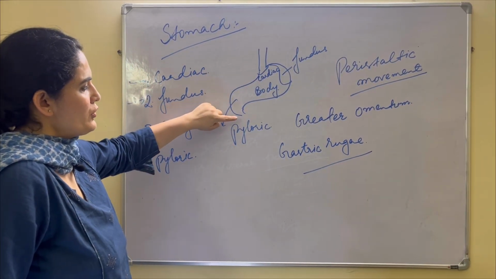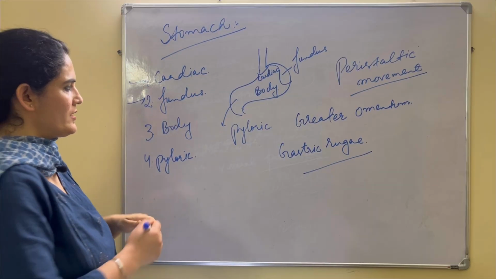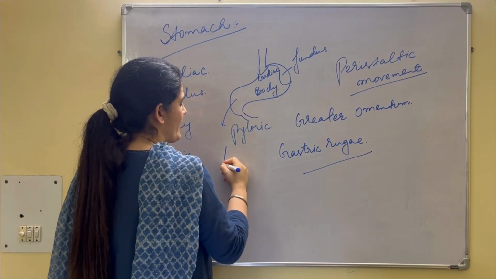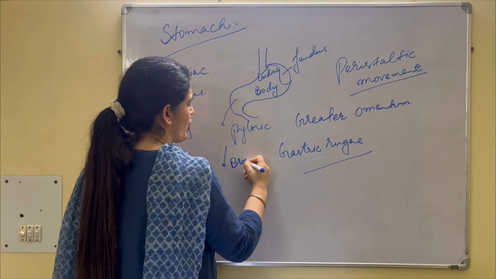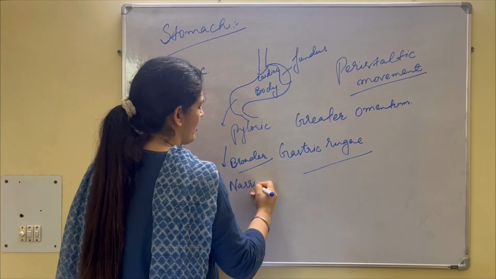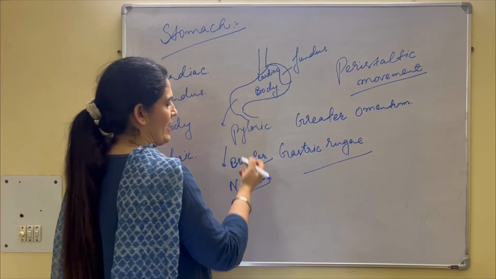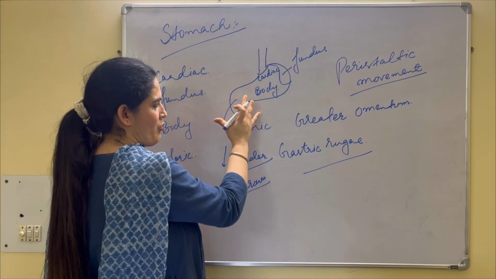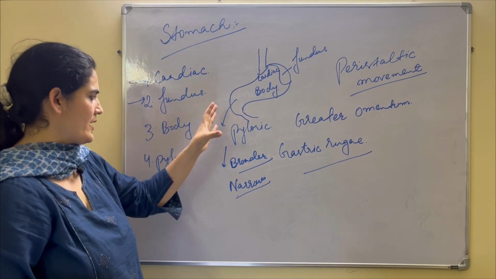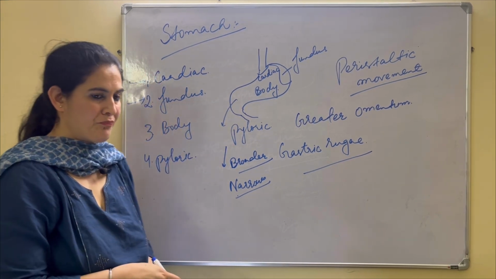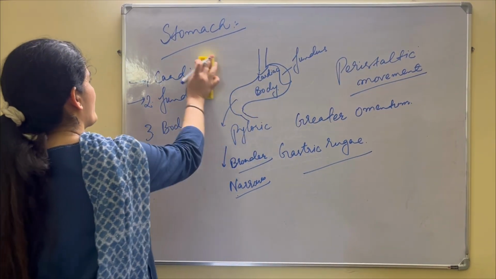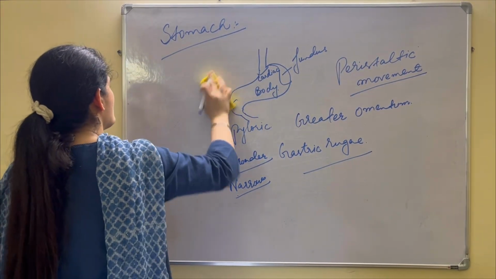Now students, the pyloric part of the stomach is divided into a broader part, the broader pyloric, and then we have the narrow pyloric. Now moving on to the next part.